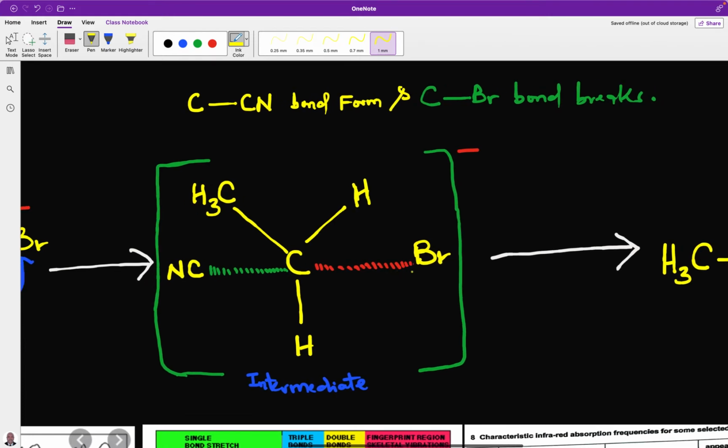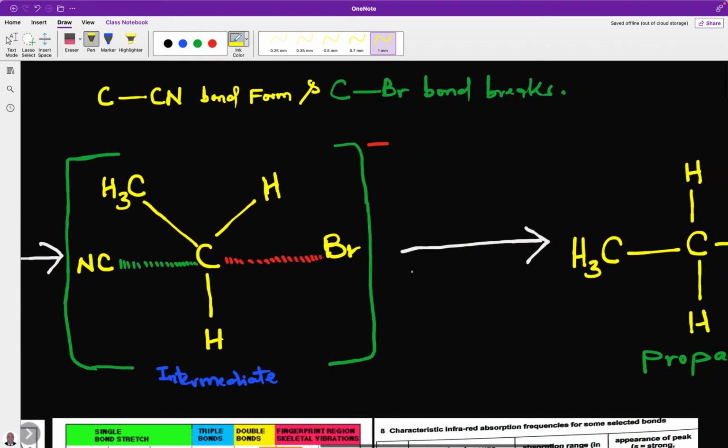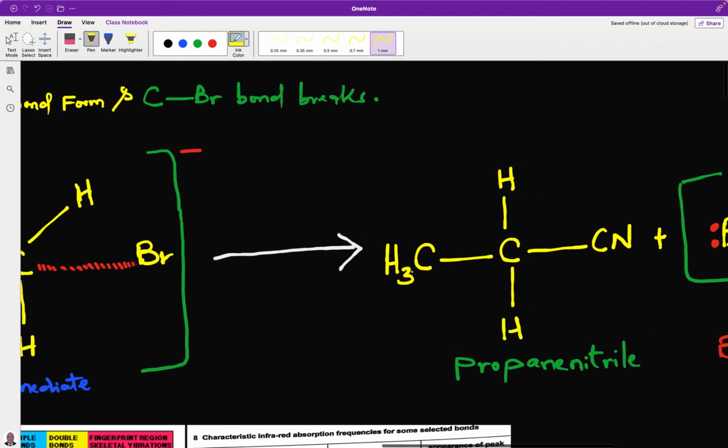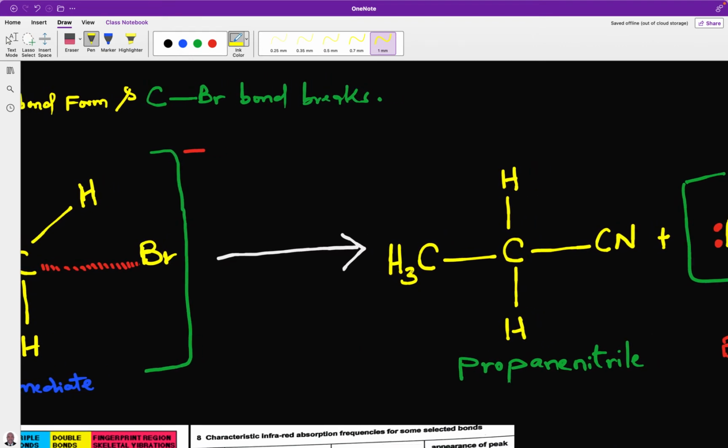And eventually, it gets to a point where the nucleophile is firmly attached to the central carbon, and the bromine finally breaks off as a bromide ion with a lone pair of electrons.